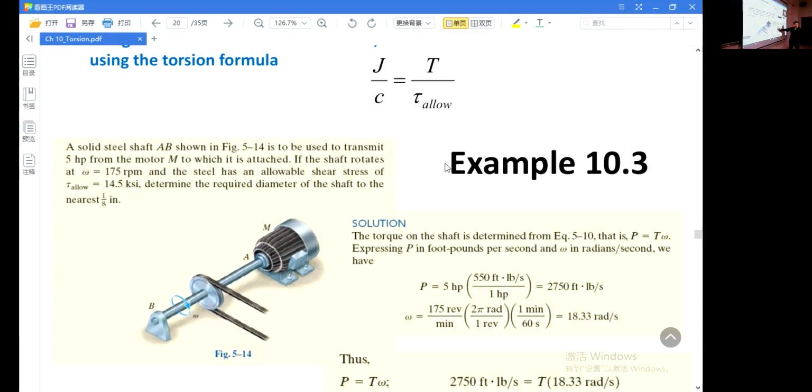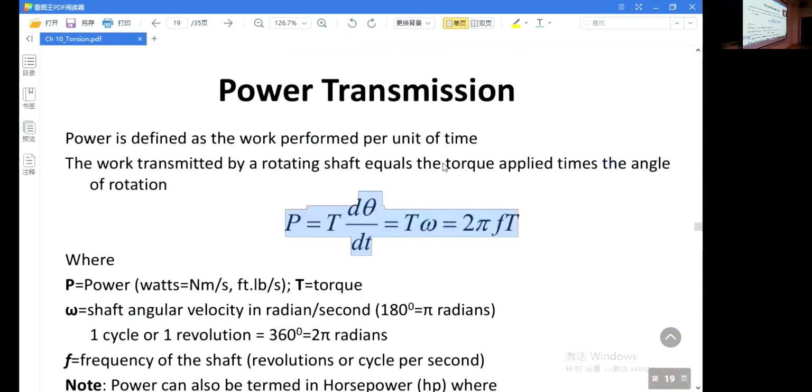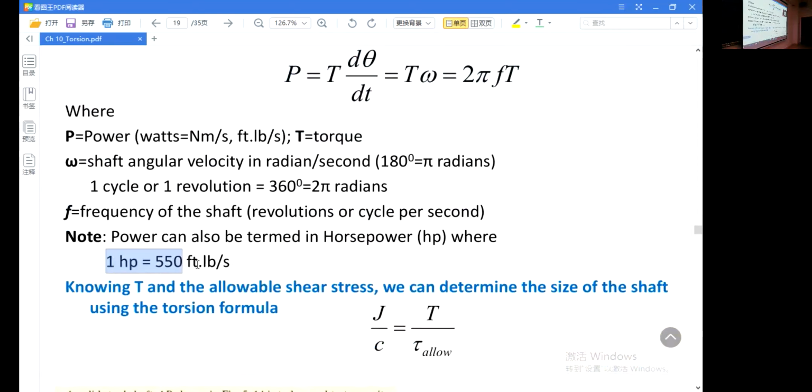At first, we know the power of the motor is 5 horsepower. It's not translated. We change the unit to foot-pounds per second, because we know 1 horsepower is 550 foot-pounds per second.